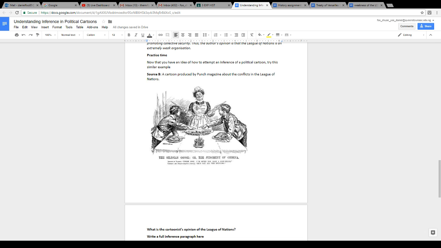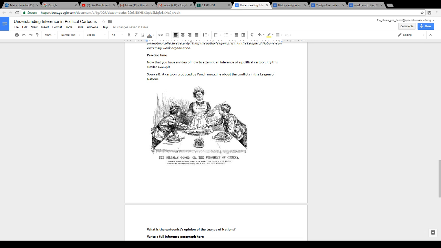You have the council here, and you have the assembly members here. The assembly members are fighting one another over the food that they get, and I believe this food represents the territories. So look at the characters inside, look at their relationship, look at their expressions, look at if there is any exaggeration, look at what they represent, look at what the food represents, which is the territories.